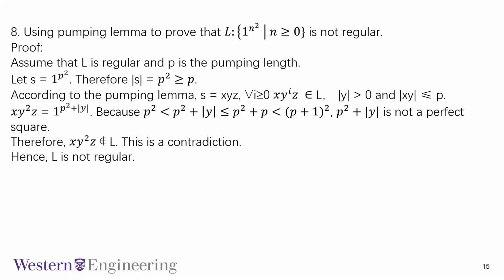And because P squared is less than P squared plus |Y|, which is less than or equal to P squared plus P, which is less than (P plus 1) squared, P squared plus |Y| is not a perfect square.